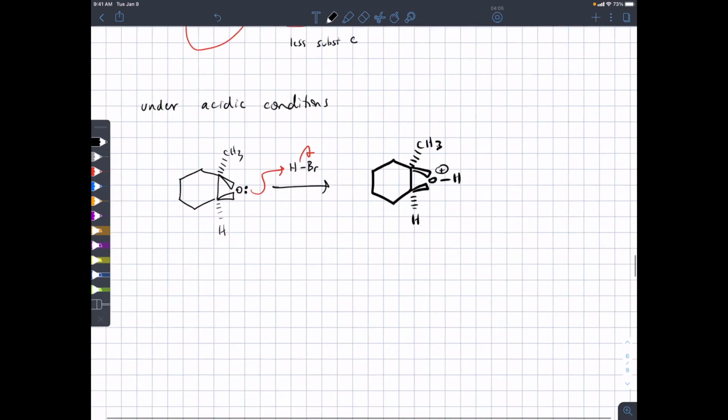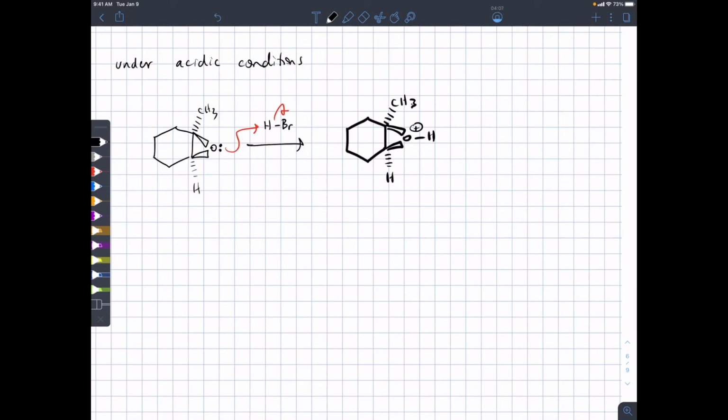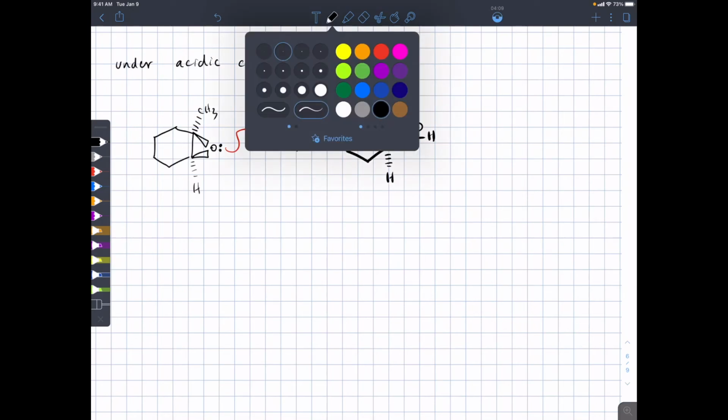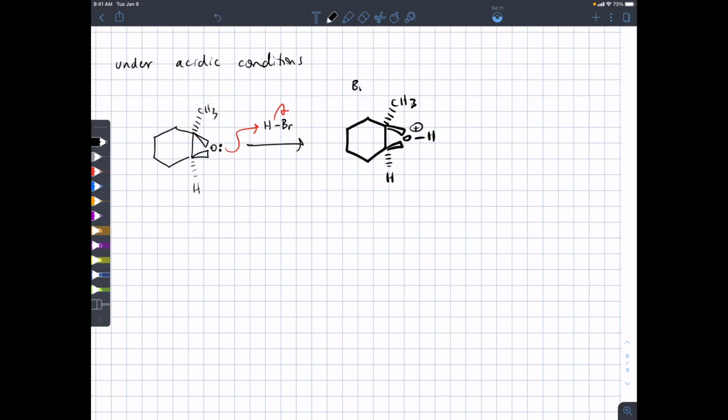And what happens next is we observe that Br minus, the nucleophile that's left after we protonate the epoxide, will attack the more substituted carbon.